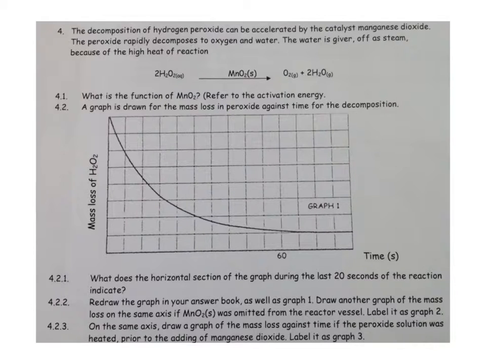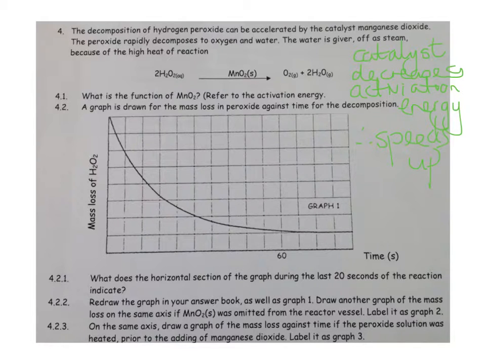What is important is that you now talk about the fact that it is a catalyst. That will obviously be worth a mark. A catalyst decreases the activation energy by changing the mechanism of the reaction, therefore speeds up the reaction.